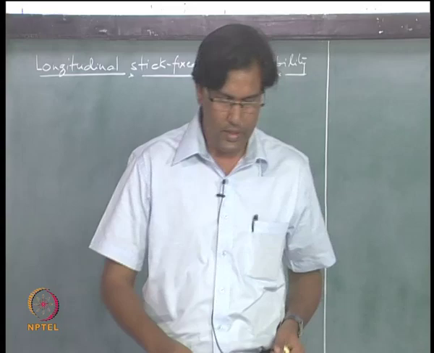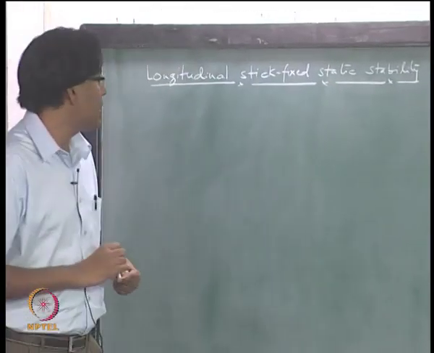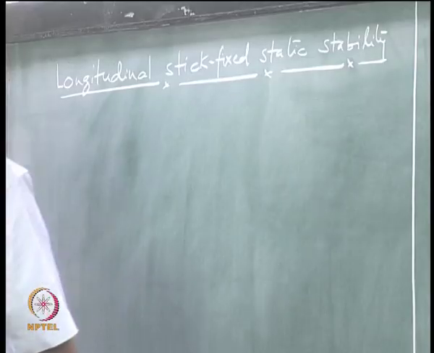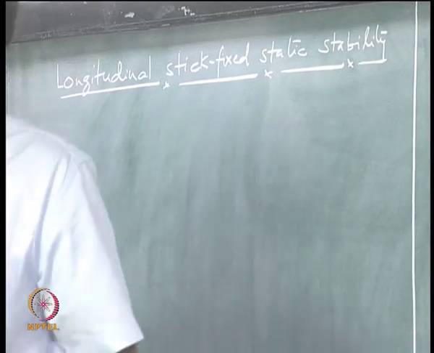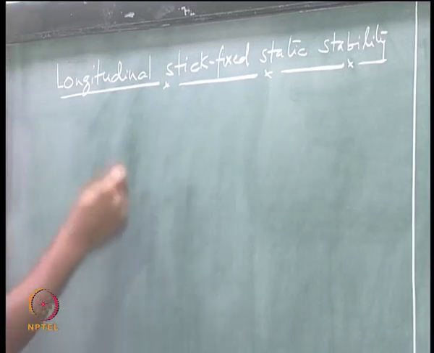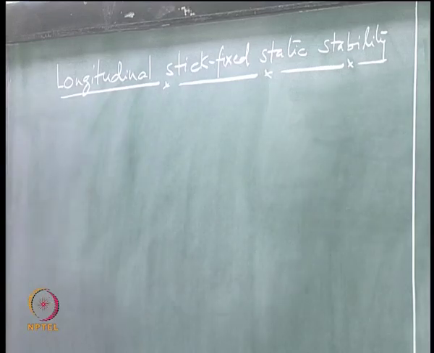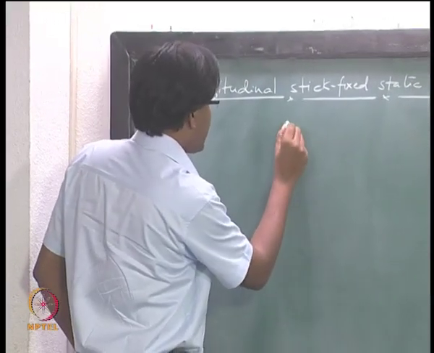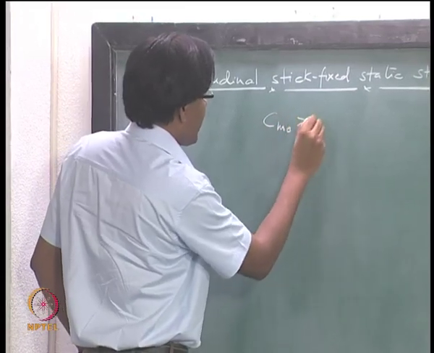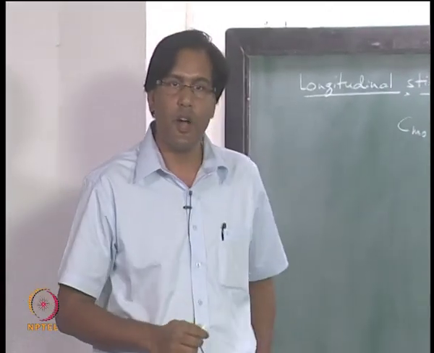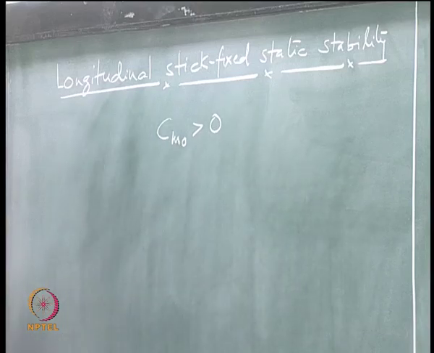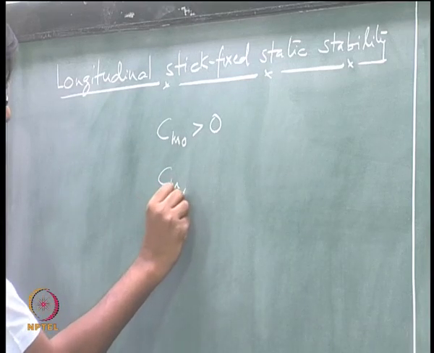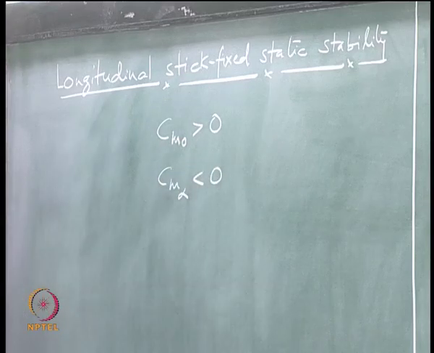So, as we discussed, for an airplane to have stability in pitch and also to be able to fly at positive angles of attack, it should have two properties, right, and they are Cm naught, which has to be positive, and Cm alpha must be negative, right.